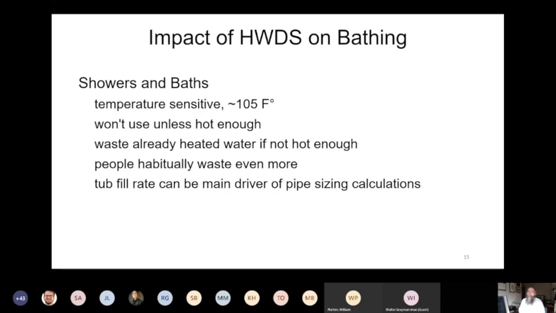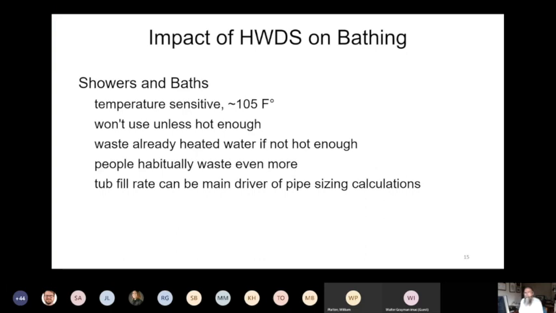And we waste the hot water that's been heated in the pipe from the last use if it's not hot enough. And if we've got a really bad system and we know it's going to take a minute to get hot water to the shower, we may go off and do something else while the hot water is getting there, and we may not get back until hot water's been flowing out of the shower head for a minute or two.